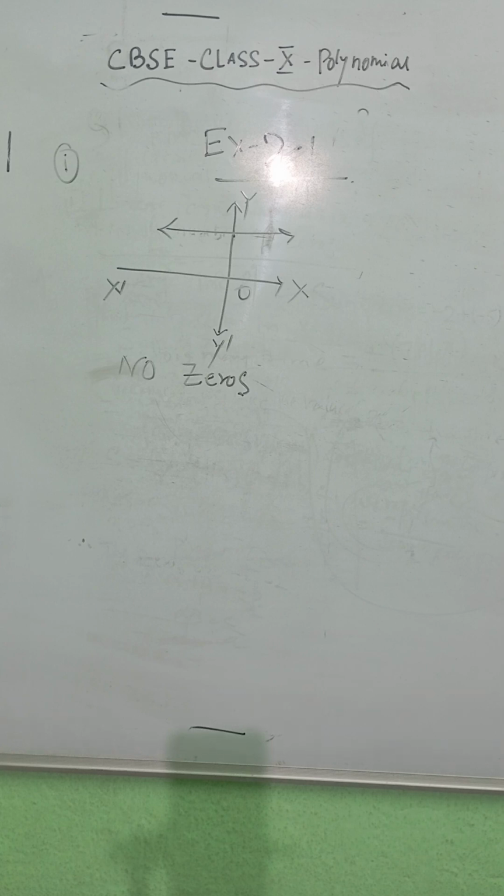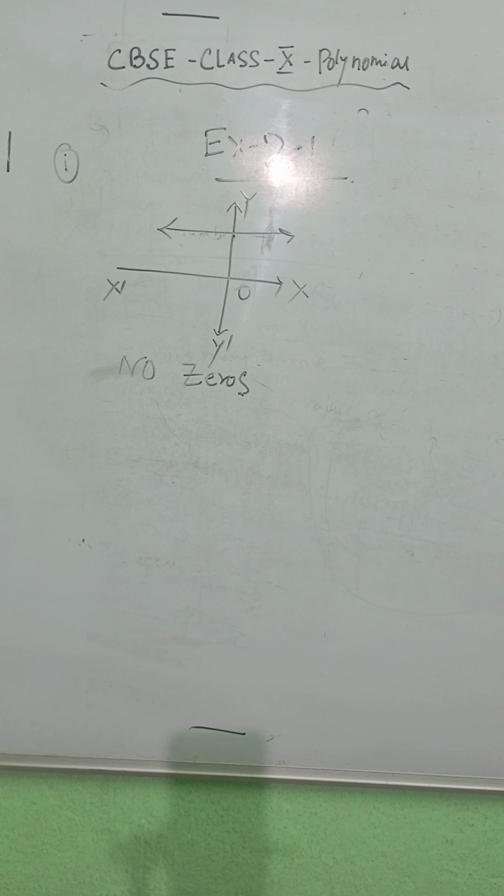Question number 3. The curve cuts the x-axis at 3 points. So the number of zeros is 3. Number 4. The curve cuts the x-axis at 2 points. That is, the number of zeros is 2.